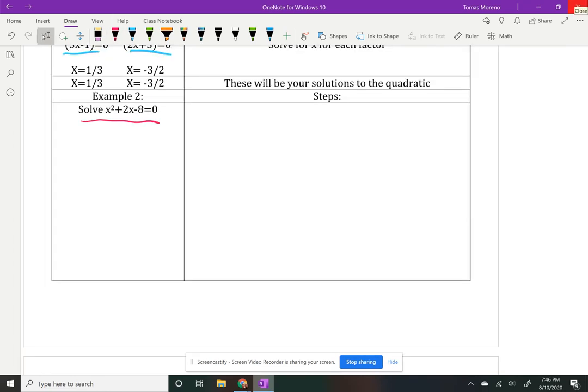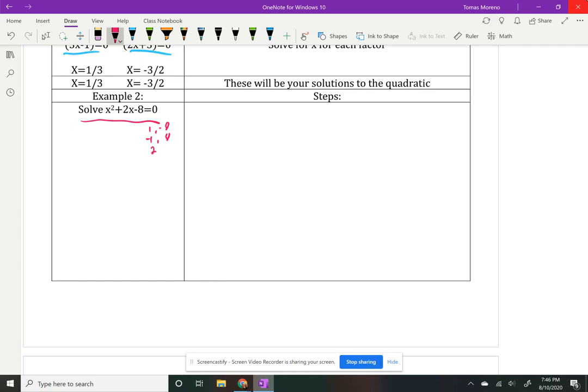Okay, so right here, there's nothing to multiply, it's a 1. So in this case, it was a little easier for us, right? We just have to figure out two factors. So what two numbers will give me -8 when multiplied, and when I add them, give me a 2, right? So we have 1 and -8, -1 and 8.